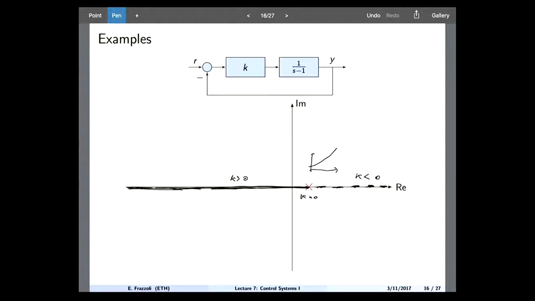As I increase the value of k, my closed loop poles will go towards the zeros, but I have no zeros in this case. So they don't have anywhere to go, so they will go to infinity. In which direction at infinity will they go? Essentially what I have to compute is 180 degrees divided by how many more poles than zeros I have.